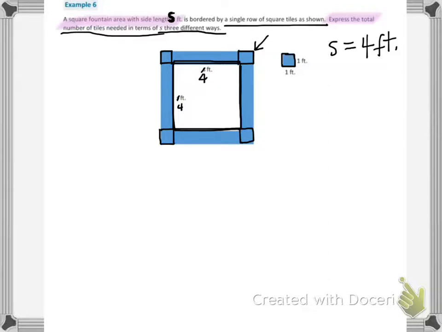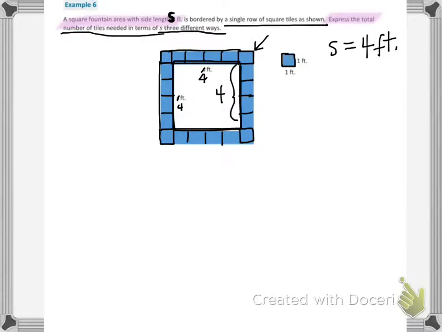So if each one of these sides here are 4 feet, we know that that's 4 more tiles. 1, 2, 3, 4. 1, 2, 3, 4. 1, 2, 3, 4. And 1, 2, 3, 4. So there we go.